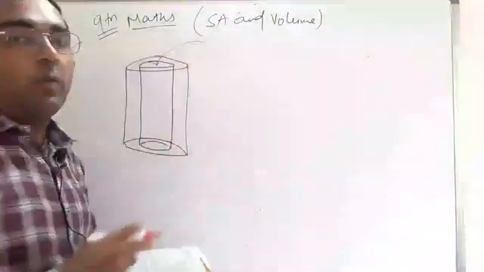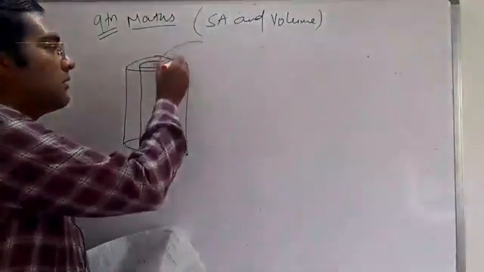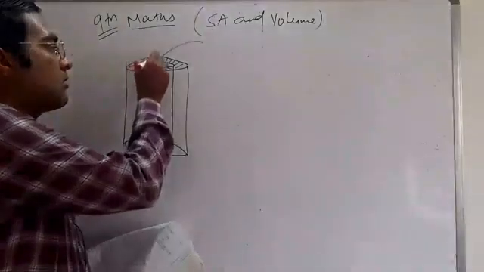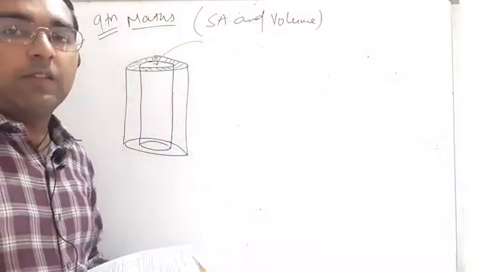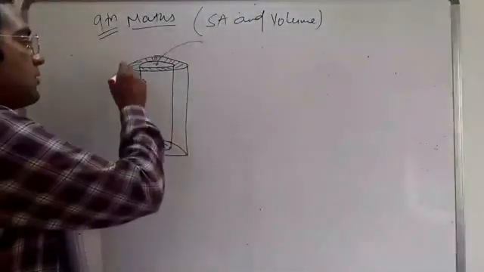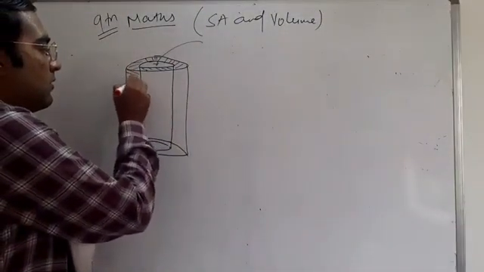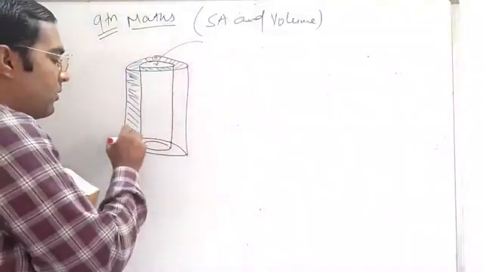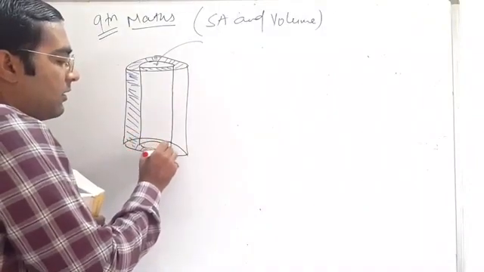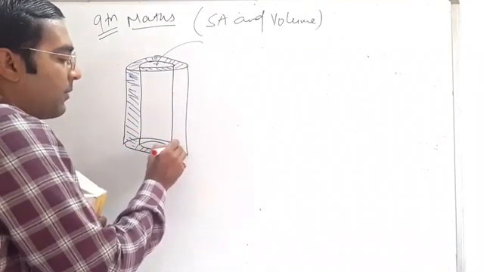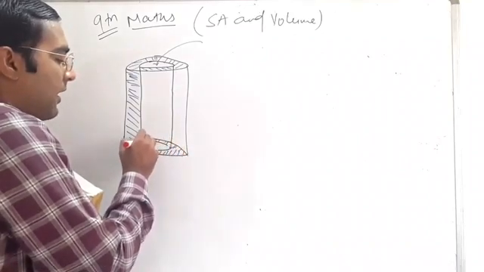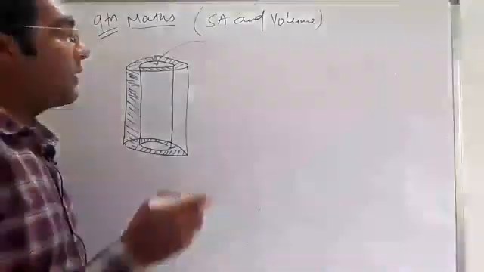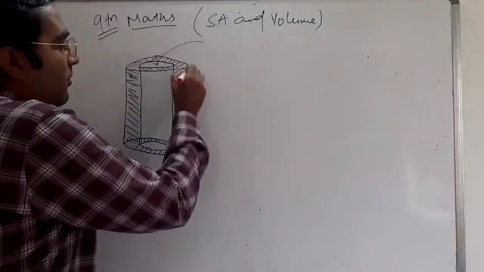From here it is open, and this part of the cylinder is closed. For this type of shape we call it a hollow cylinder. We can see this type of shape in our day-to-day life, like a hollow pipe.